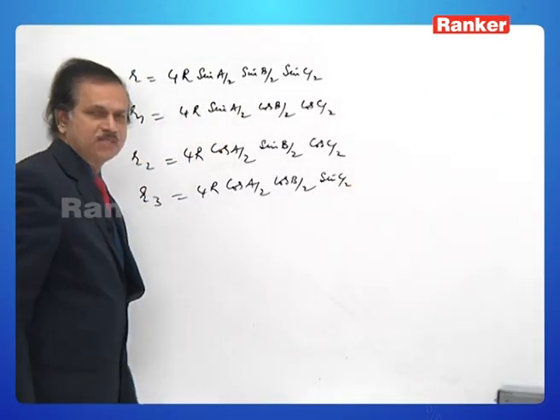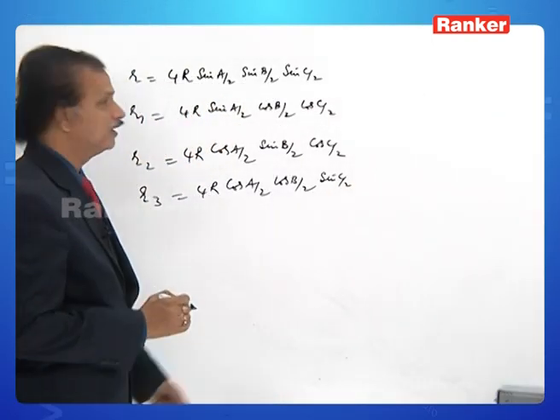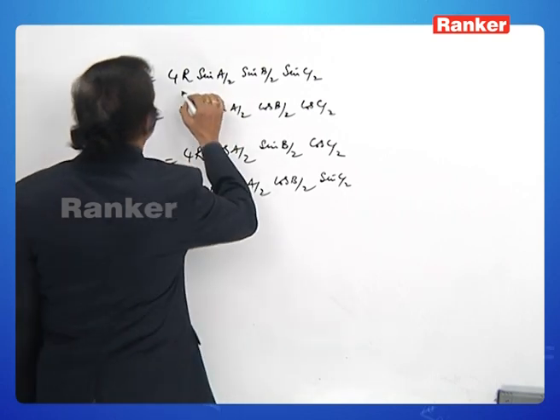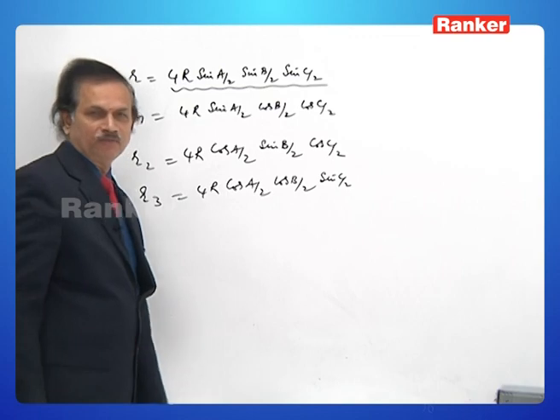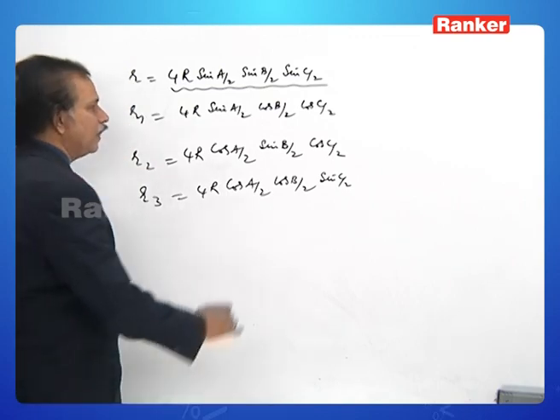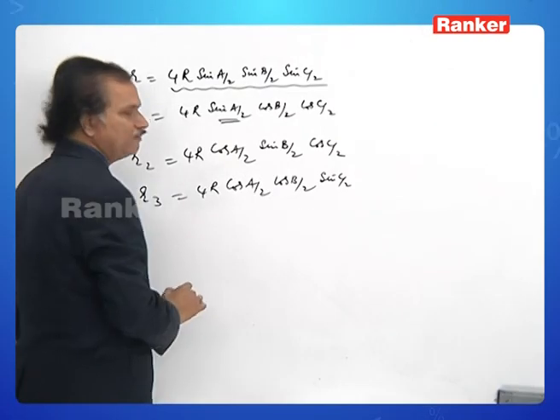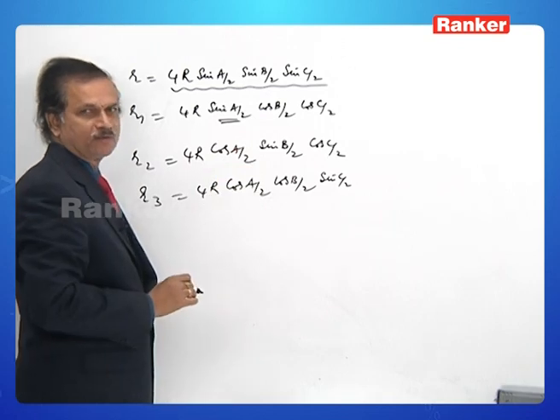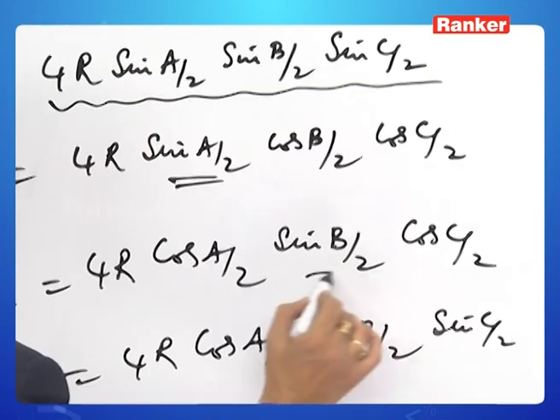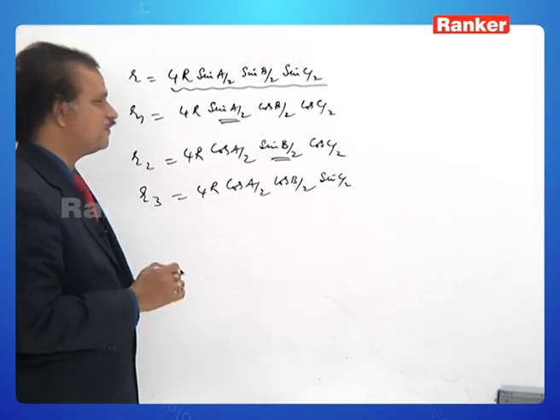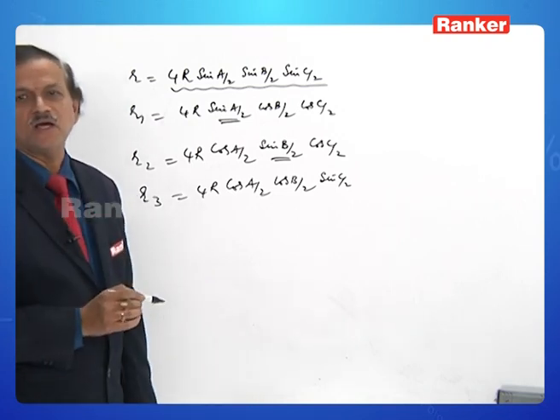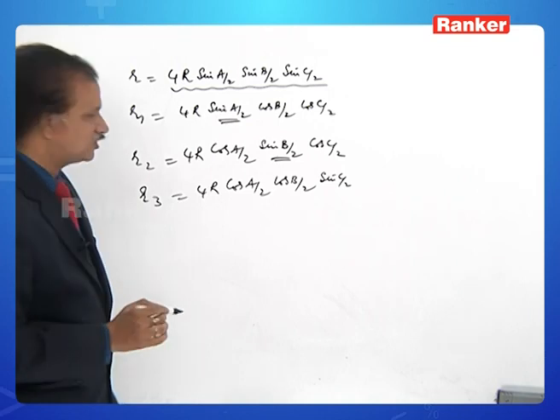And it will be very easy also to remember them. In r, all the three functions available are sine functions, sin A by 2, sin B by 2, sin C by 2. In r1, the first place is occupied by the sine function, the other two are cosine functions. In r2, the second place is occupied by the sine function and the other two, the first and last, are occupied by cosine functions.